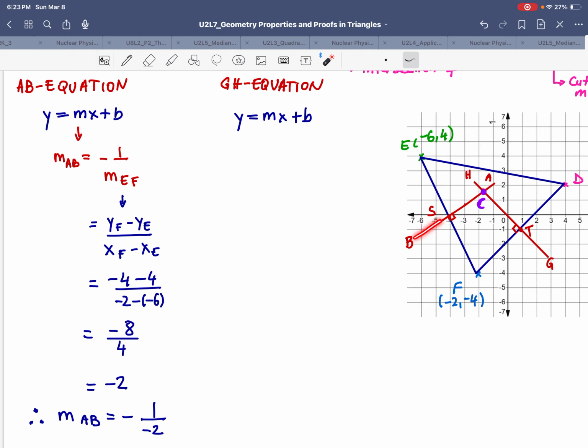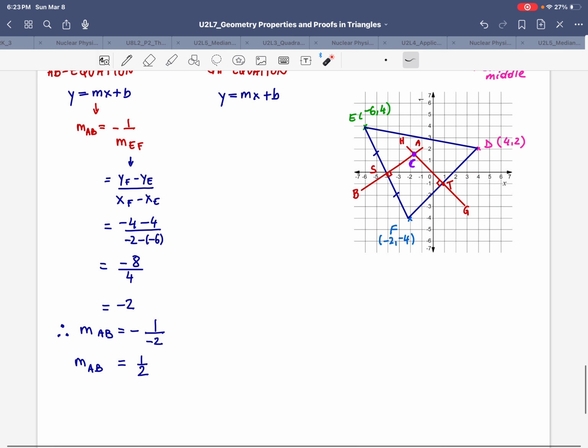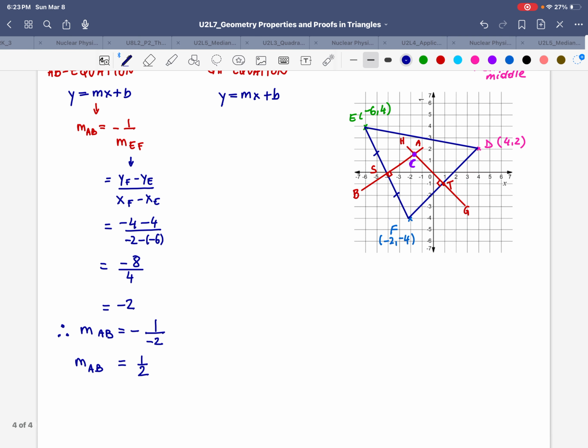We are probably not given the exact coordinates of any point, but we do know that the point S on this line segment is in the middle of EF, because it's where the perpendicular bisector intersects, so these two sides are equal in length. To find the coordinates of point S, we use the midpoint formula for E and F. I'm going to keep the diagram here on the screen.